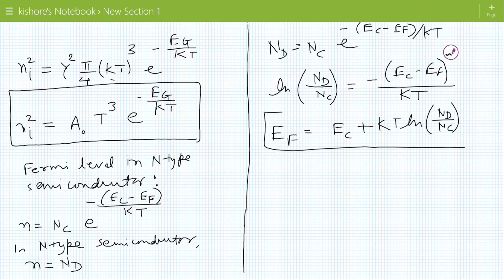This is the expression for the Fermi energy level in N-type semiconductor.